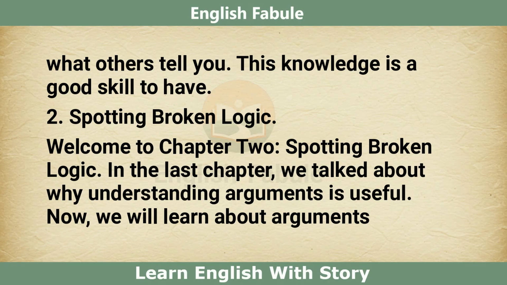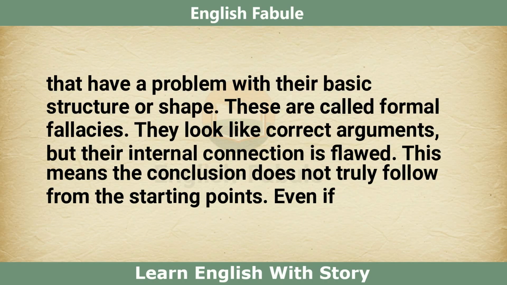Spotting broken logic. Welcome to Chapter 2, Spotting Broken Logic. In the last chapter, we talked about why understanding arguments is useful. Now we will learn about arguments that have a problem with their basic structure or shape.